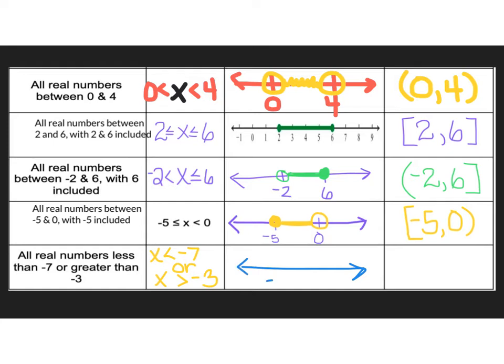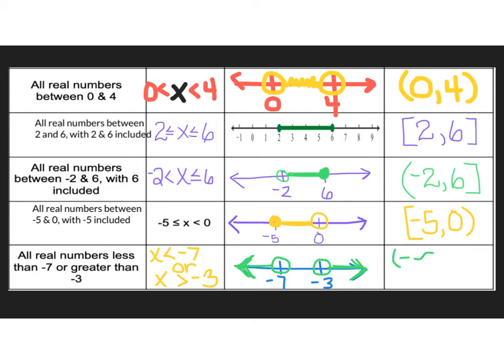Let me order from least to greatest: negative 7 and negative 3. This would be an open circle and I shade to the left, and then an open circle and I shade to the right. So this is the first one that we've seen where there is a space in between. So the interval, in a sense, is broken. This is definitely an or, a disjunction as it's known in mathematics.